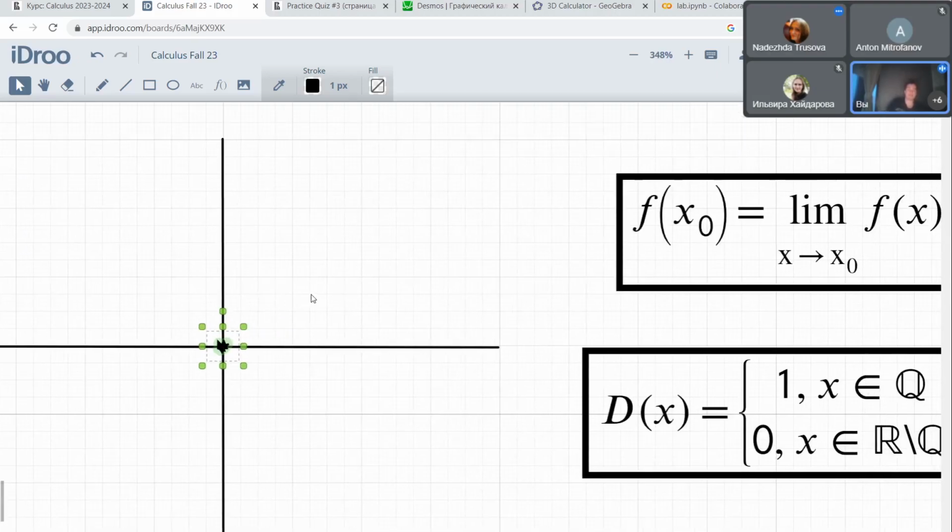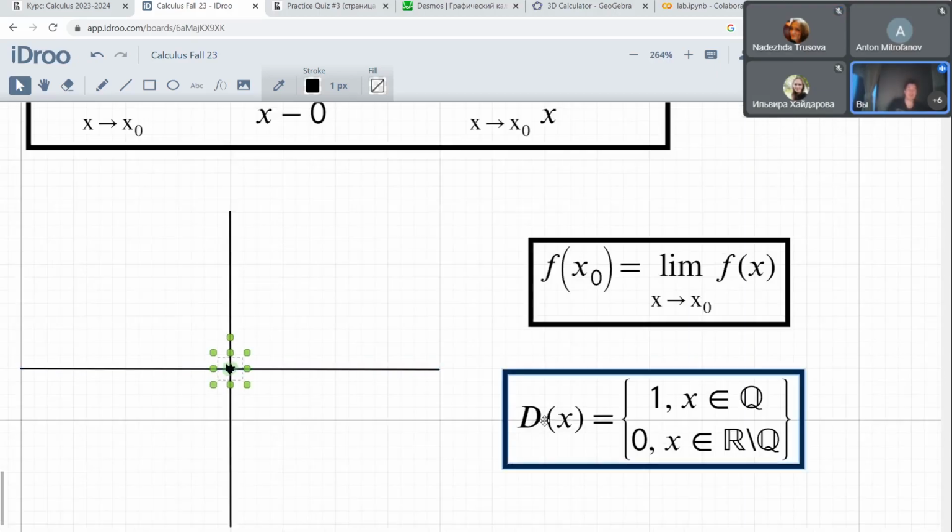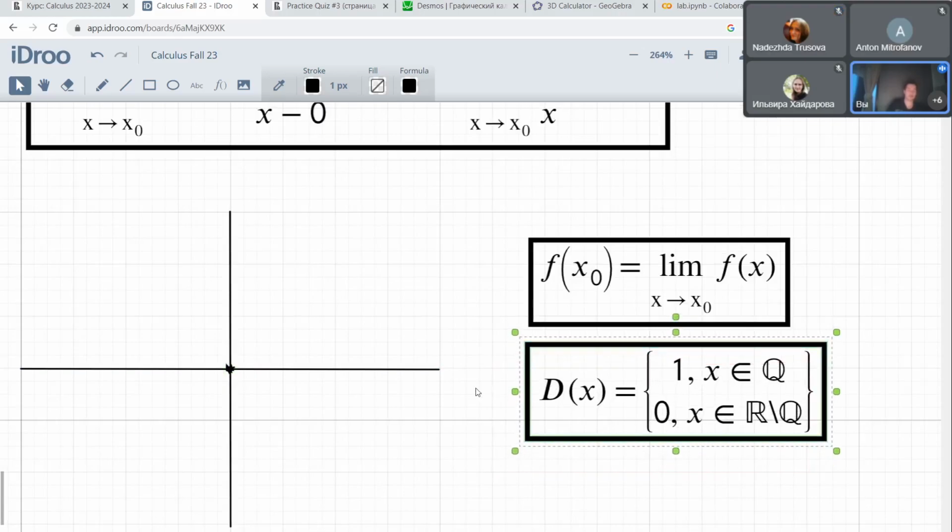Sometimes it's 1, sometimes it's 0, and in a neighborhood of any point, you can see that this function has really close points with highly different values.